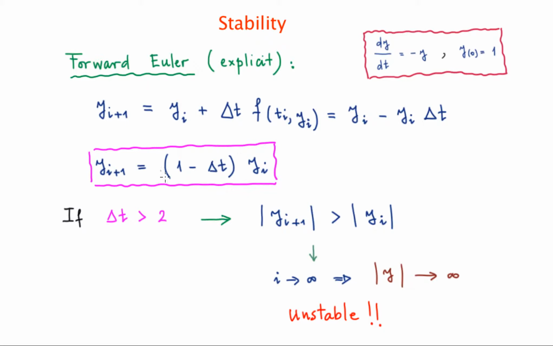What does it mean? It means that the absolute value of y at step i plus 1 is bigger than the absolute value of y evaluated at step i. But this is not what we do have.